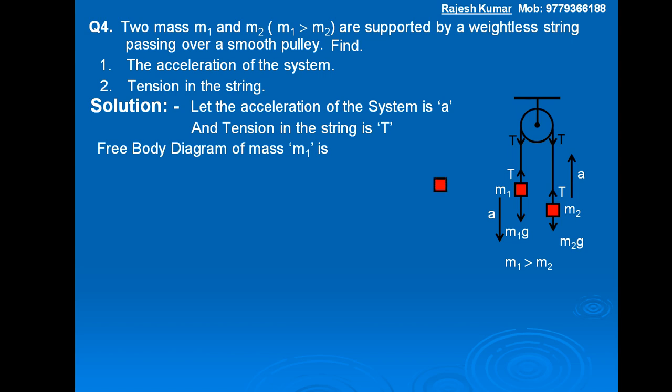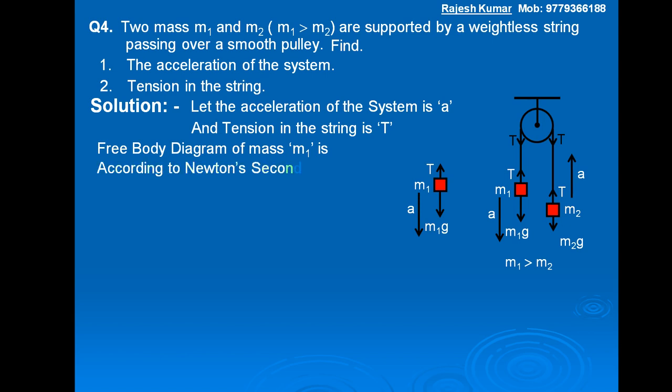In free body diagram we have to represent all the forces acting on the object. Now weight of the object M1 is acting in the downward direction and tension is acting in the upward direction. As M1G is more than capital T, therefore the acceleration of body will be in the downward direction A.